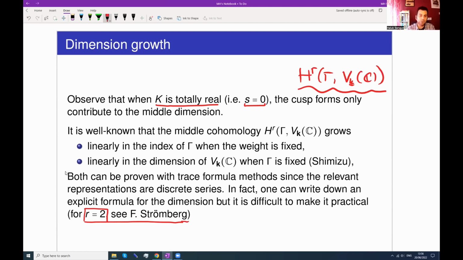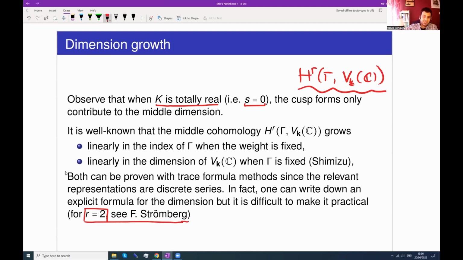And from the dimension formula, you can read the following. If you fix your weight and take a sequence, the dimension then grows linearly in the volume of gamma or index of gamma, just like classical modular forms, which actually is a particular case of total real, right? The simplest total real field. And if you fix your level group gamma and let the weight go, then the dimension will grow steadily, basically linearly, with the dimension of the weight module, whatever that weight module is, tensor of symmetric powers.